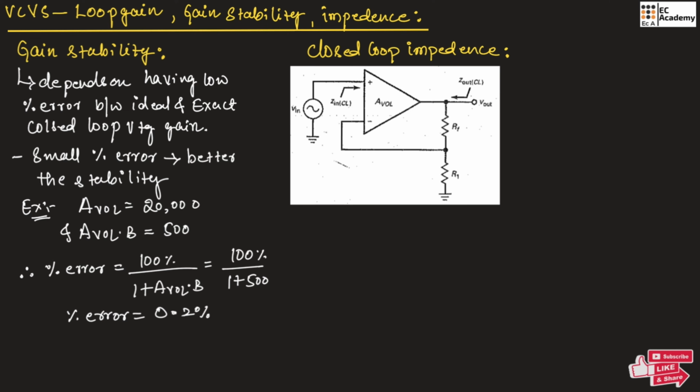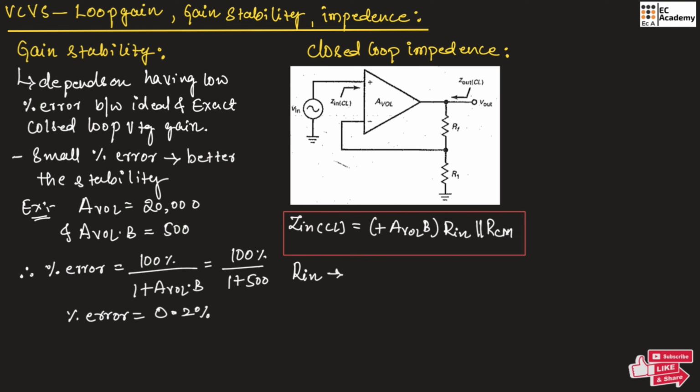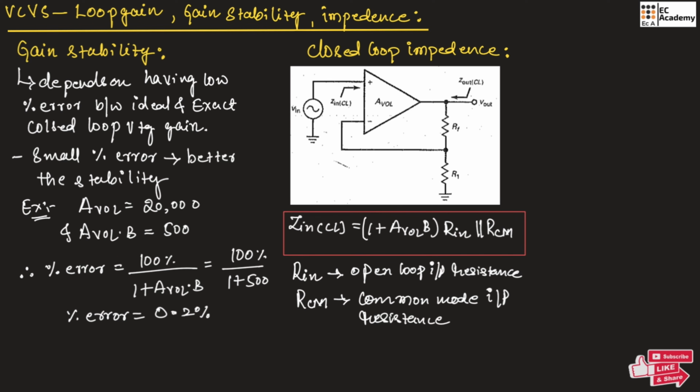We can find the closed loop input impedance as 1 plus AVOL into B multiplied with R in parallel with RCM.